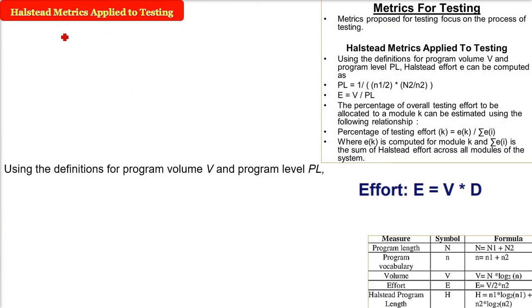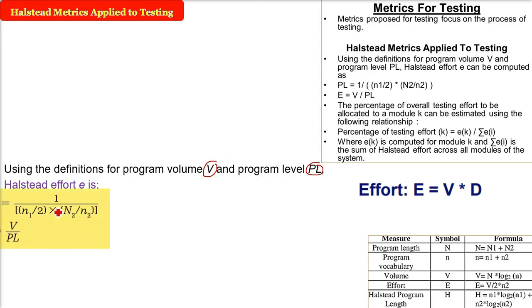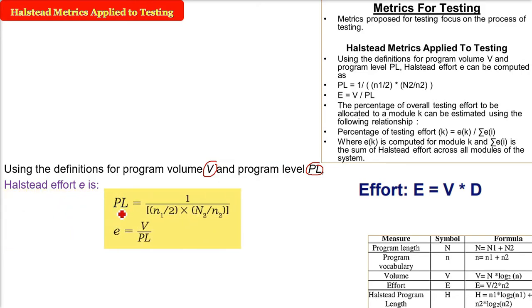Using the definitions of program volume and program level, we have already seen the Halstead metrics. When we apply it to testing, Halstead gives us the effort. We have volume and we have the program level. He says the program level is 1 by (n1 by 2 plus n2 by N2).